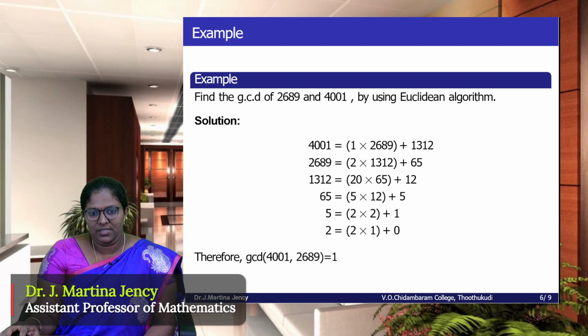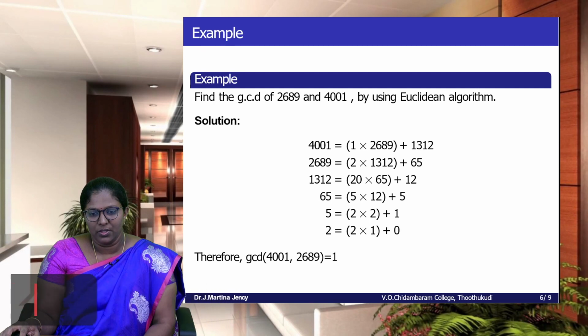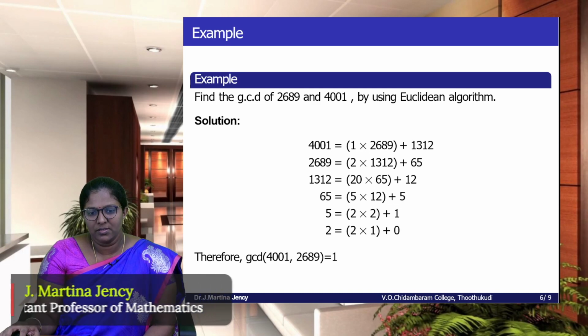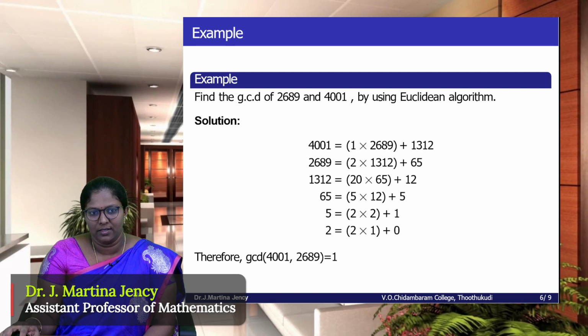Similarly, you can express 1312 as 20 times 65 plus 12, and proceeding this way, we get 2 equals 2 times 1 plus 0. So the remainder is 0 now. Choose the last non-zero remainder, which is 1 here. So that is the GCD of 4001 and 2689.